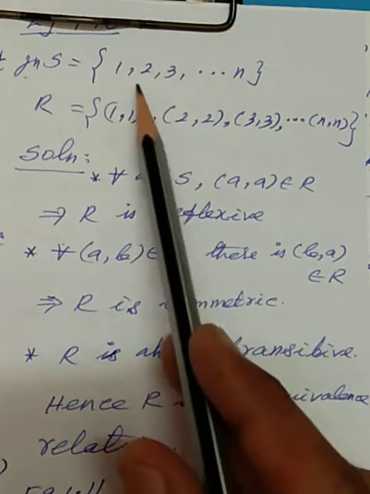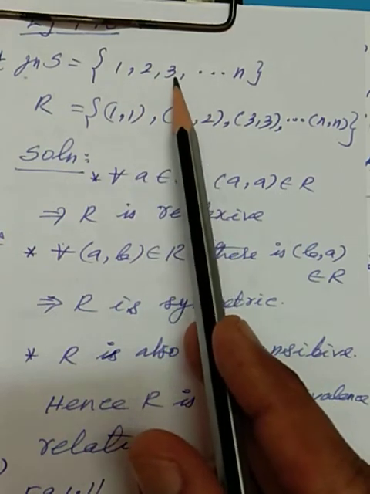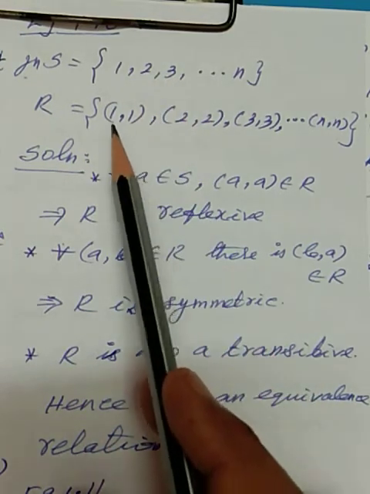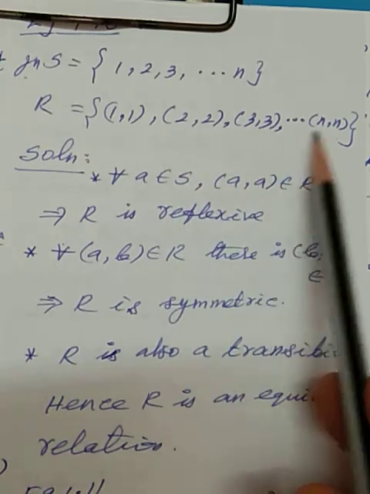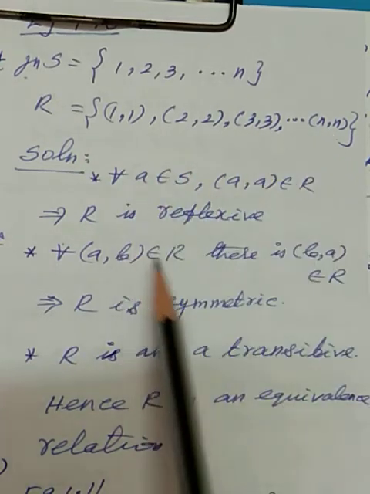See here, all the elements in S are related with itself in R: (1,1), (2,2), (3,3), (n,n). So R is reflexive.